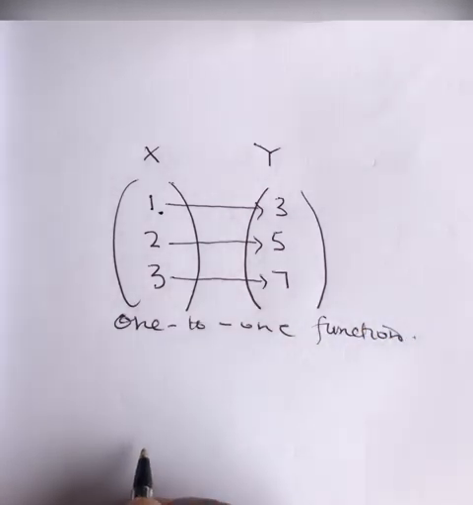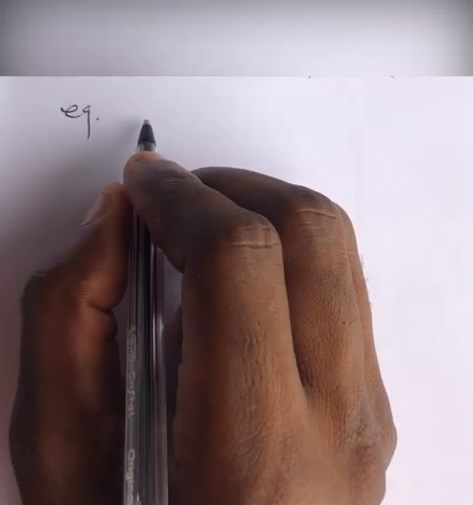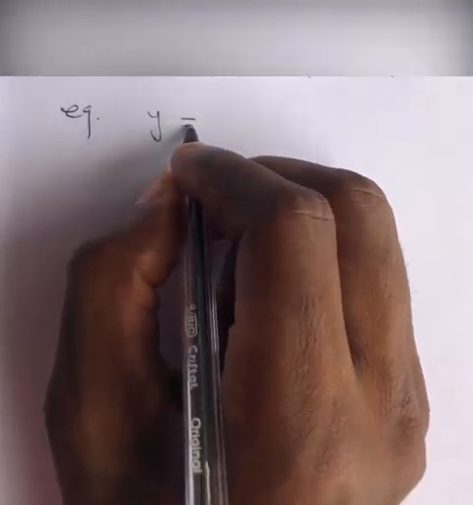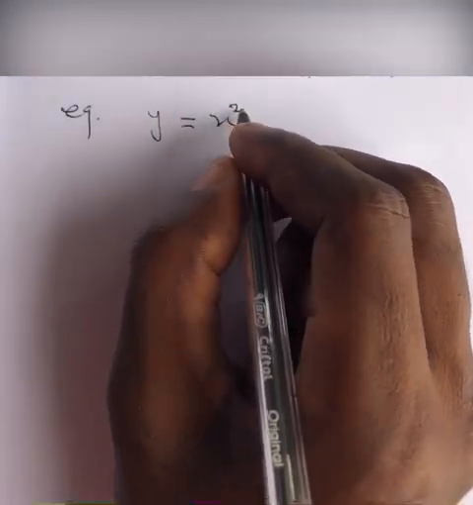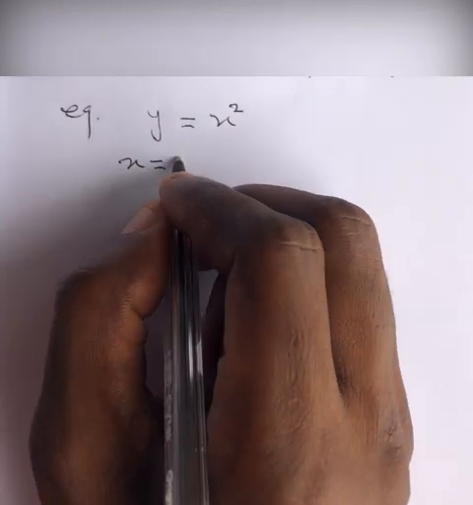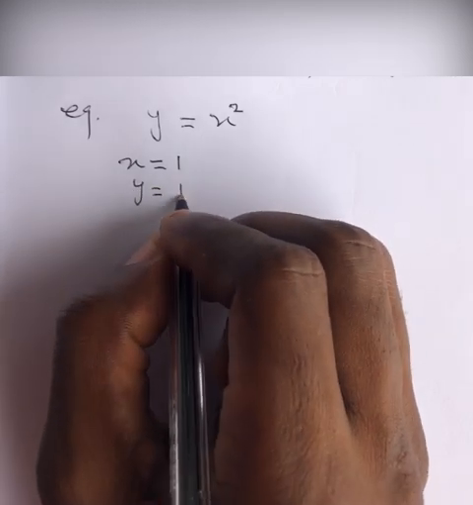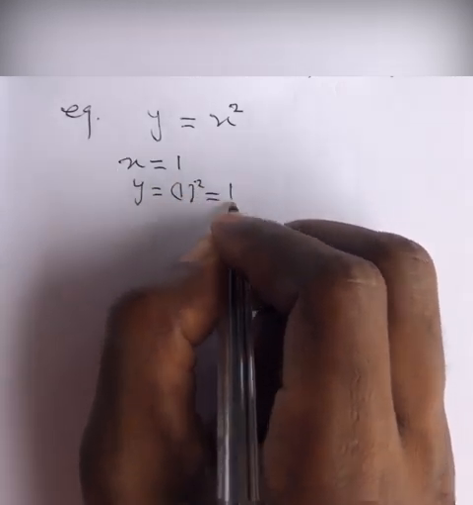Okay, now let's also look at this example. So if I have y equals x squared, if I set x to be 1, then I'll have y equals 1 squared, which is 1.